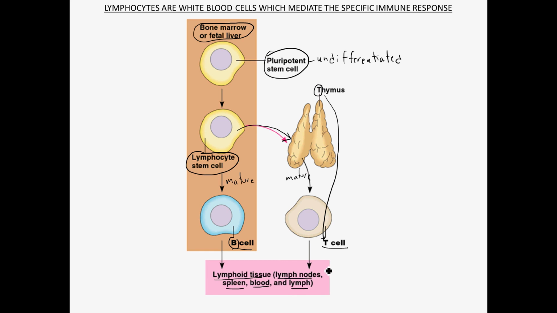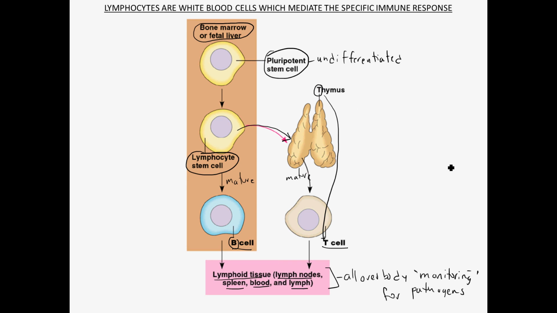So these are really all over the body, and they are monitoring the fluids in the body, again monitoring for pathogens that may have breached the skin, breached the bloodstream, etc.